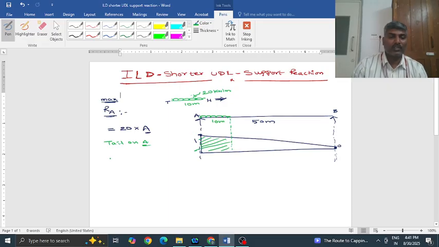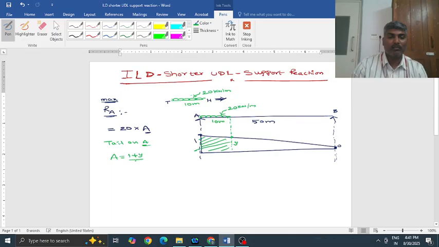Once you describe the position of the load, find the area of the ILD occupied by this UDL. The load is 20 kilonewton per meter. Let us say this ordinate is y.